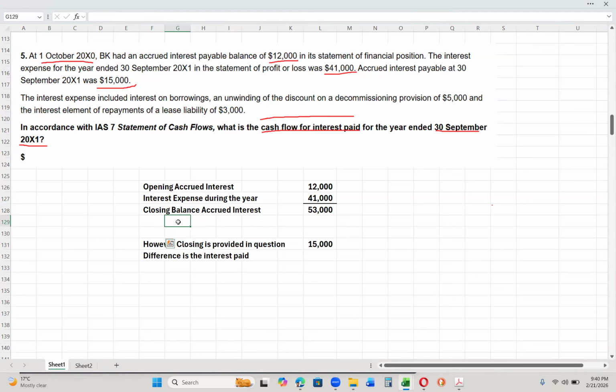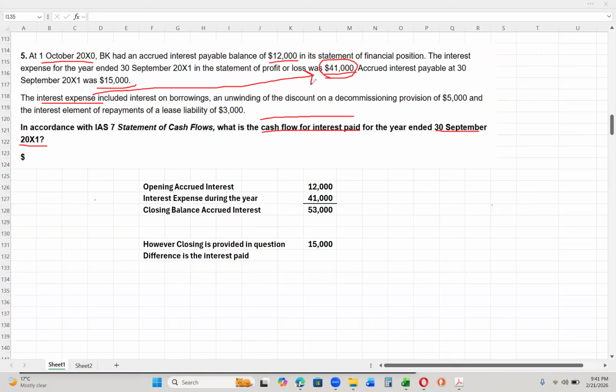So I'm leaving some space to calculate my balance. They have given us some further information. The interest expense, which is 41,000, included interest on borrowings.